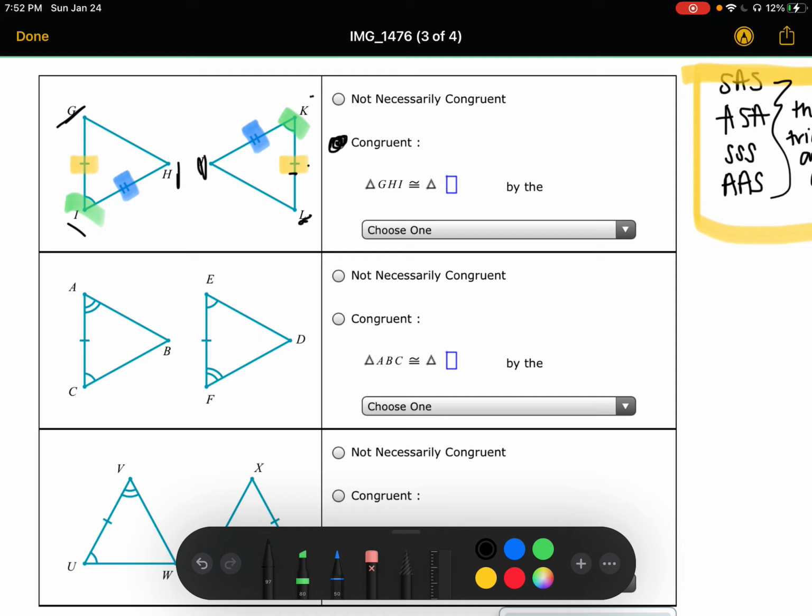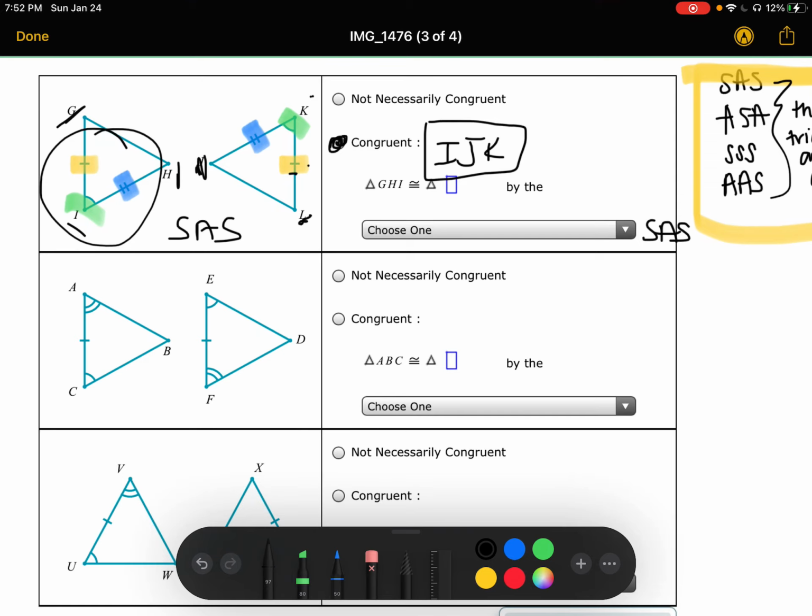So that would go in the order of I, right? And then you would have the blue side, which is J, K. So you do have to note these in order, and I'll explain a little bit more when we go to the next one. And you would also use, again, that postulate you just found, which was side, angle, side.